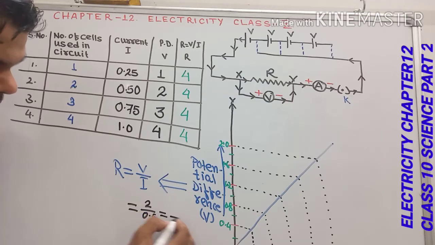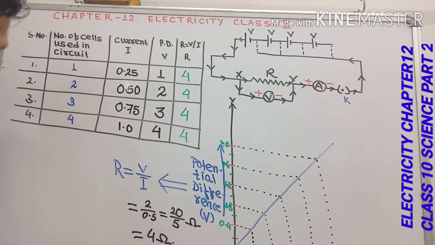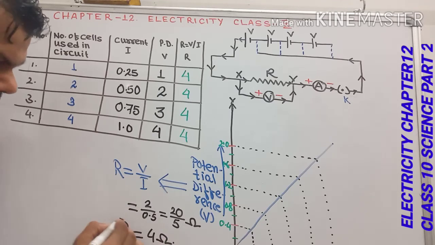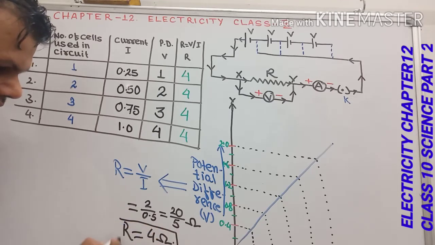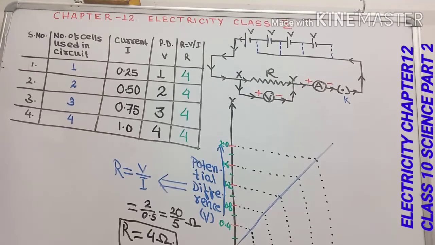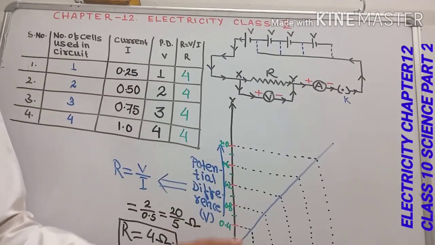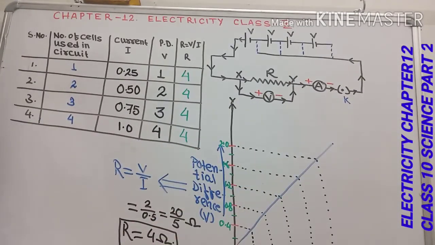So it will be 2.0 upon 0.5 ohms. So it comes out to be 4 ohms again. So we can say that the conductor through which the potential difference is applied across its ends and current is flowing has a resistance of 4 ohms.